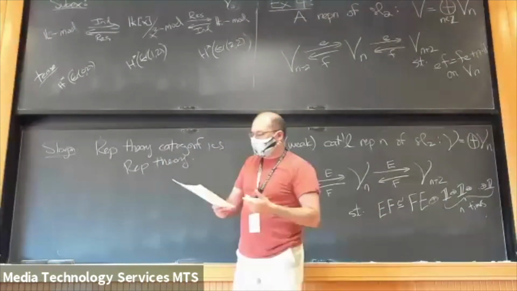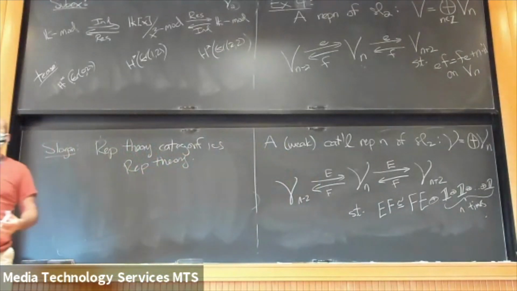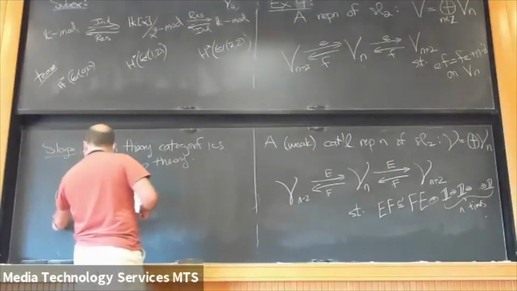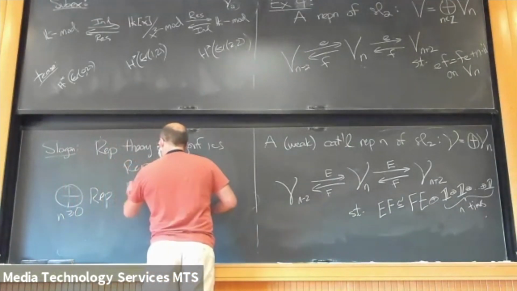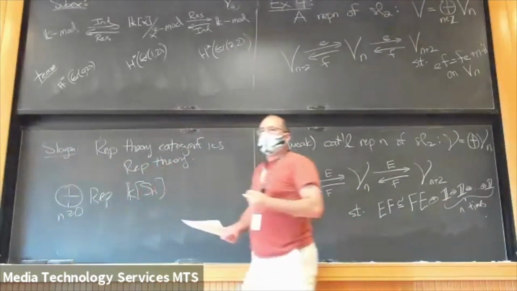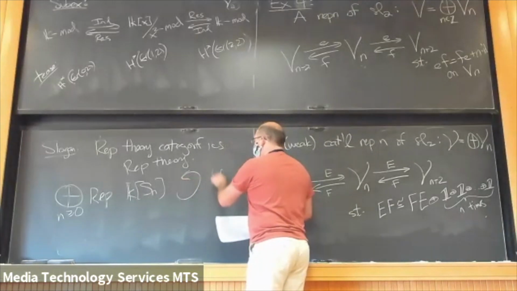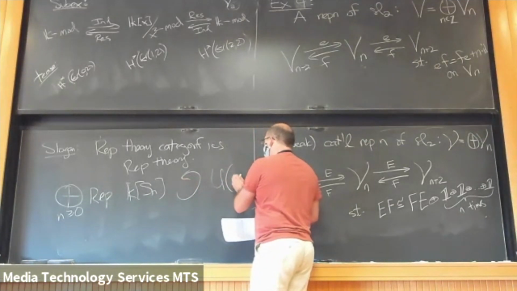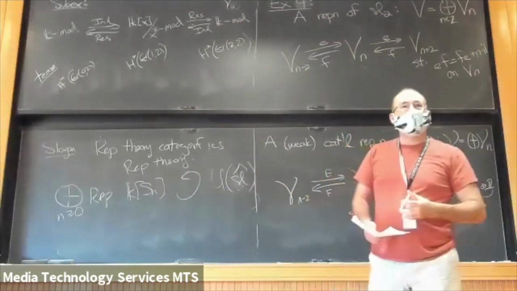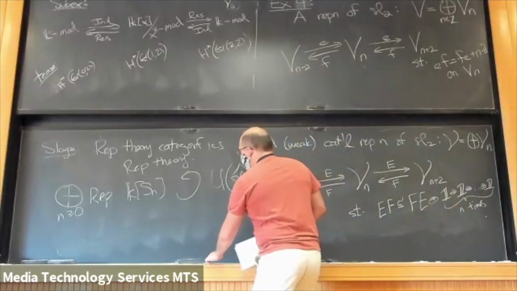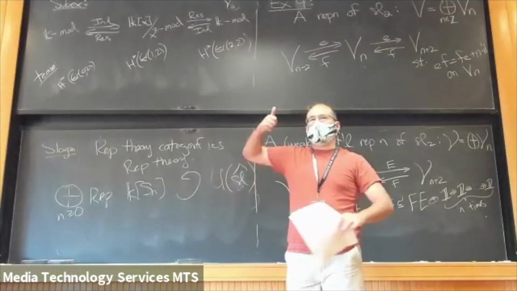To give you an example of this, there's sort of a way to take all the categories of representations of all symmetric groups and glue this into one big categorical action of an affine, I'll just say SL hat, of an affine Lie algebra.